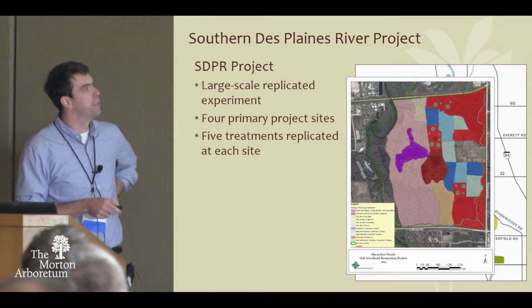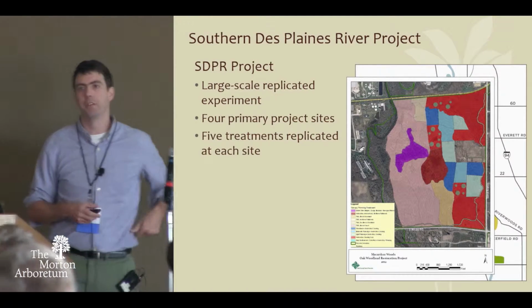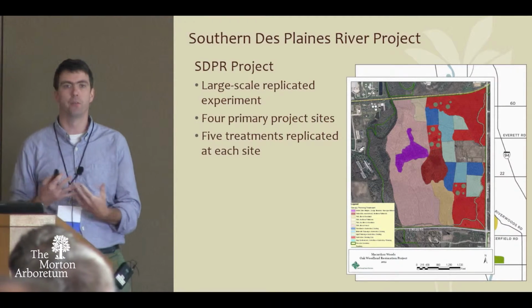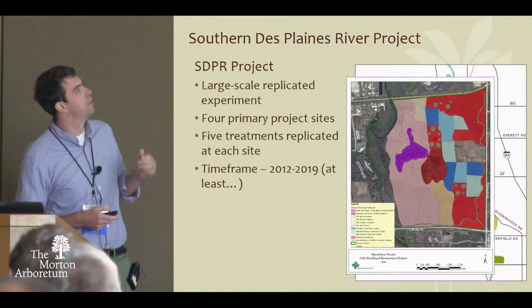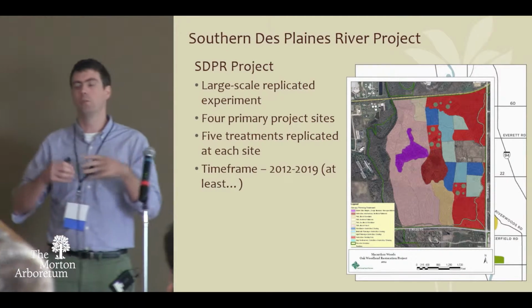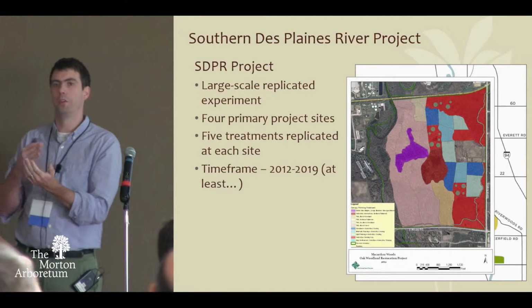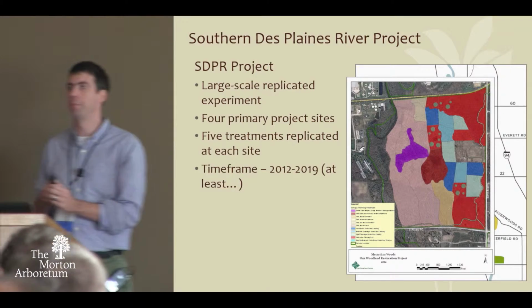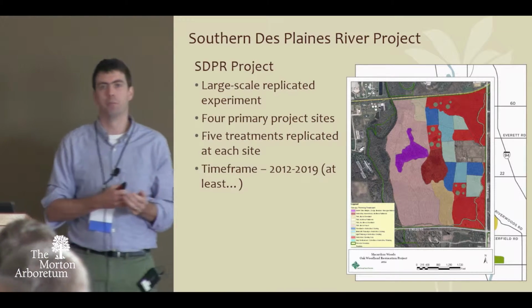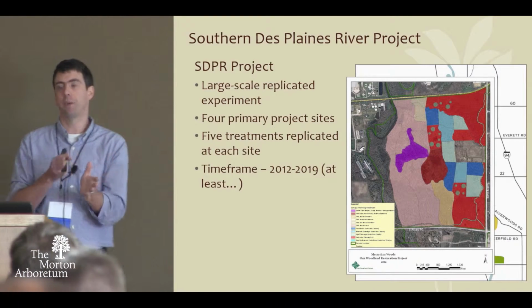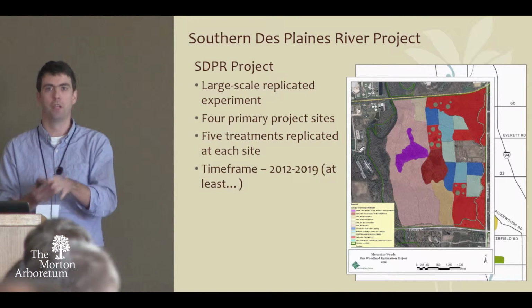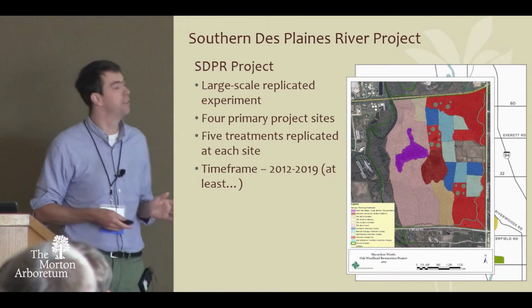And replicated across sites and then a bunch of replications of different treatments within the sites. And the treatments, I'll just say this quickly, are trying to vary the spatial distribution of canopy removal and the timing of removal and the intensity of removal to try and find a sweet spot where we can actually manage for oaks and not have people get really upset with us.